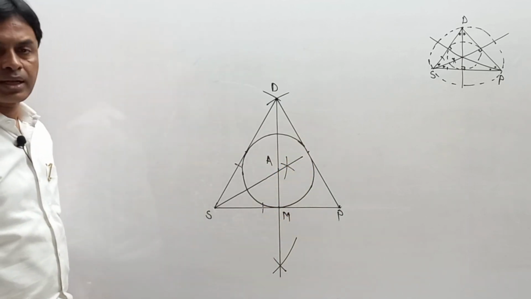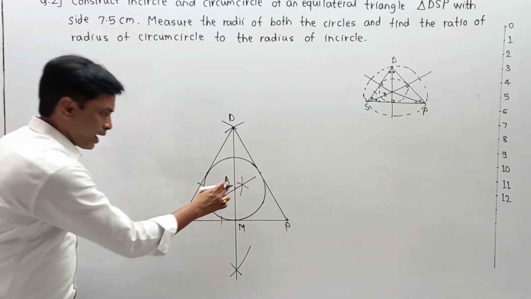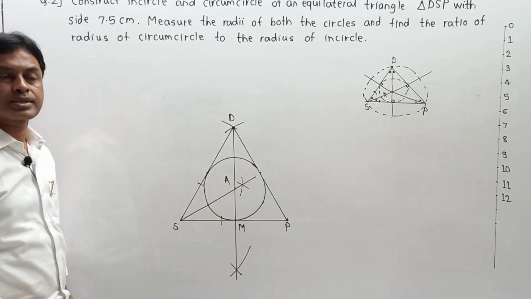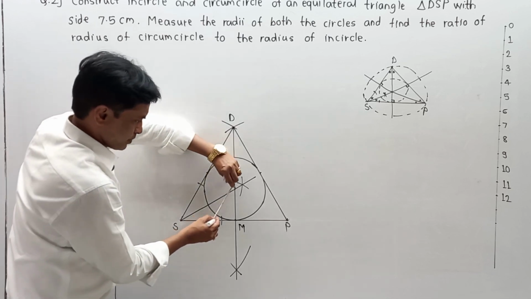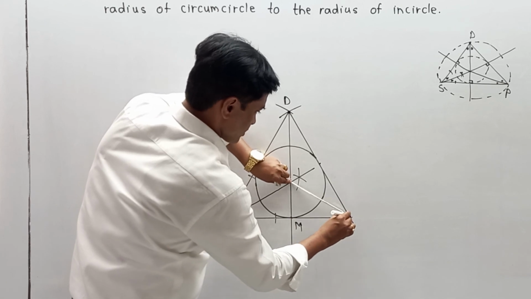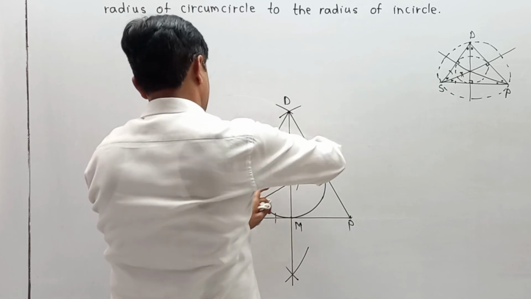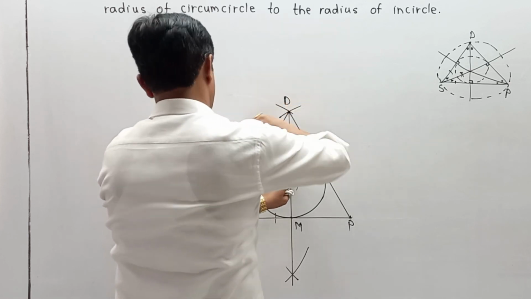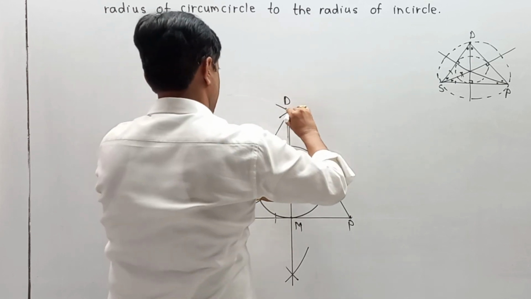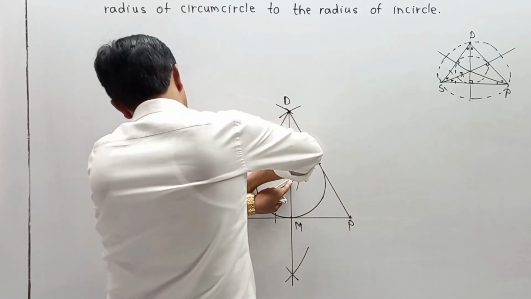Now after the incircle, keeping the center A, with a radius of either AS or AP or AD, we are going to draw the circumcircle. Before drawing, please cross check whether the circle is passing properly or not.